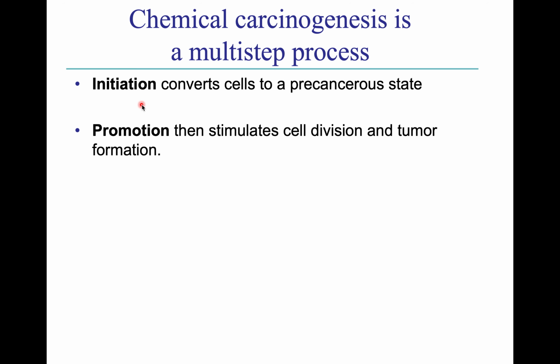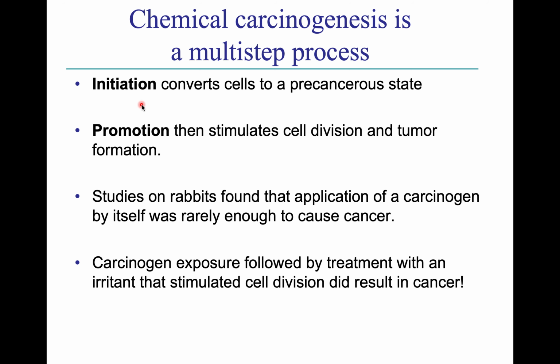Promotion is going to be exposure to really anything that is going to stimulate cell division in some way. And then we'll talk about progression here in a minute. But interestingly, a lot of studies have shown that you really need both of these events. You need initiation and promotion in order for cancer to develop.